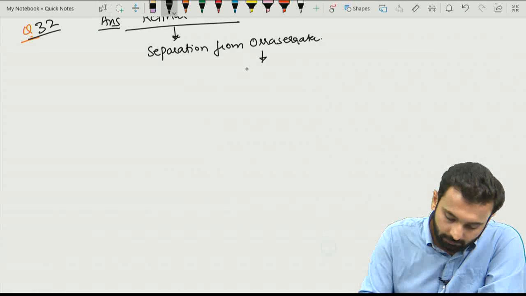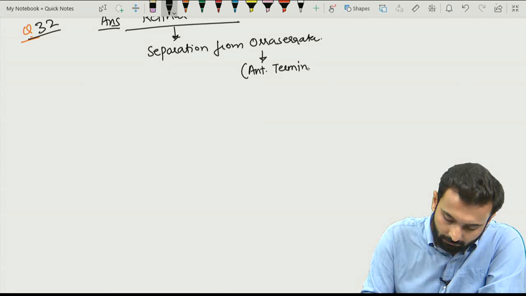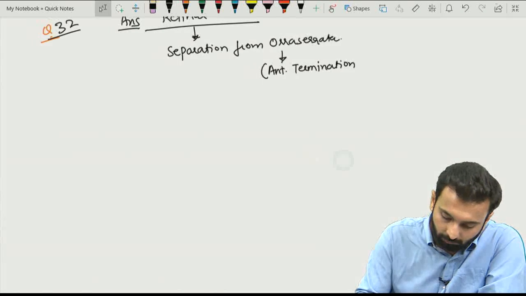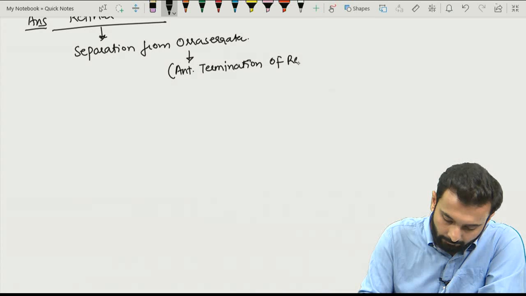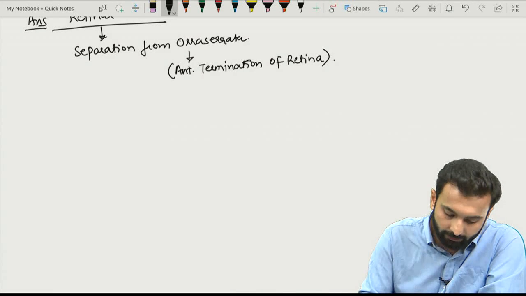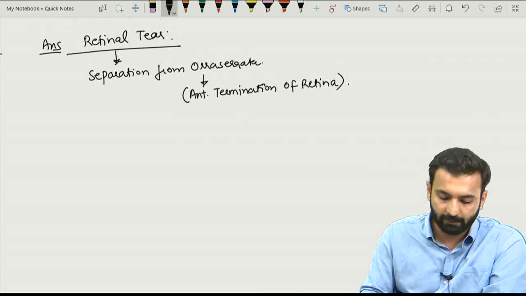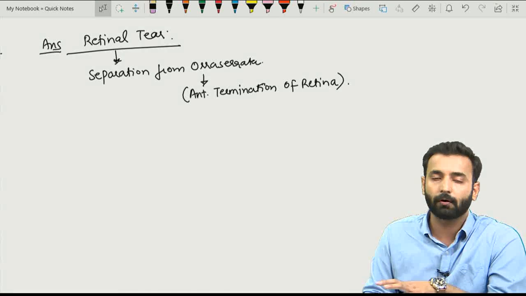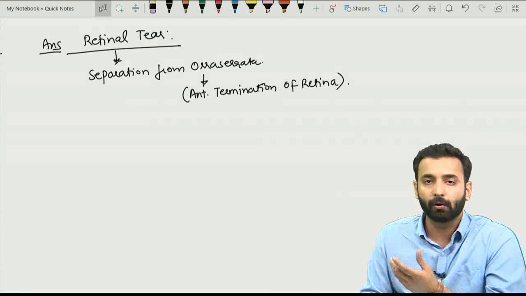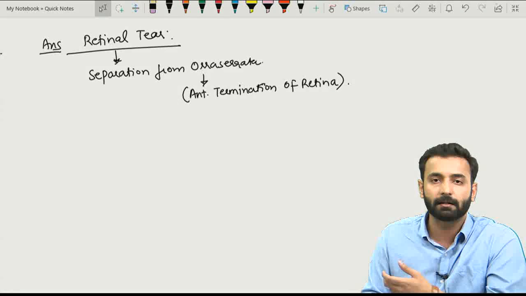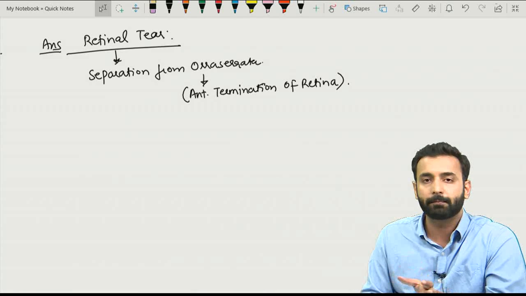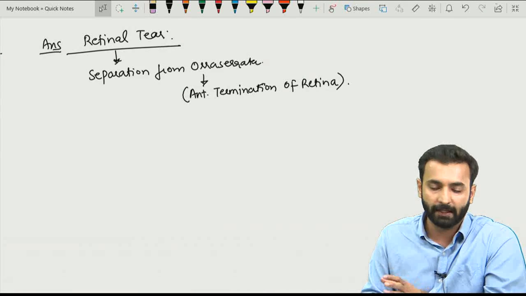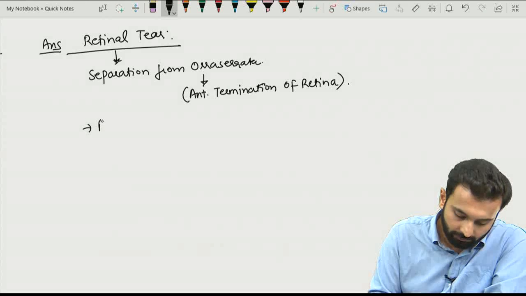The ora serrata is the anterior termination of the retina, right? And the most common cause of retinal tear is usually trauma, but it can also occur spontaneously, and retinal tears may progress to retinal detachment.